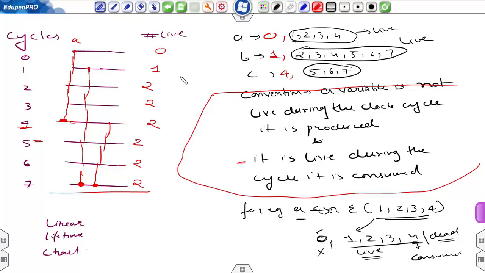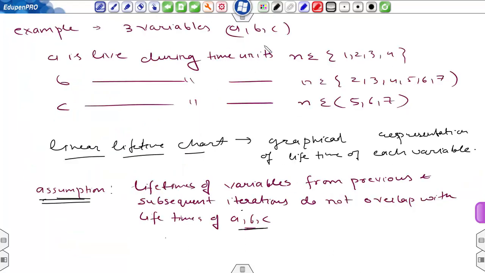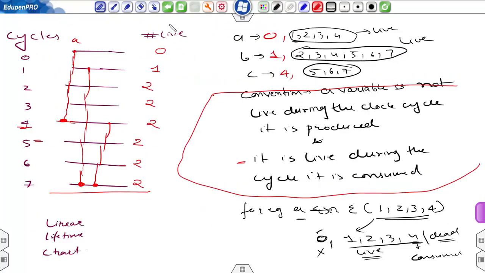So this DSP program with variable A, B and C can be implemented using two registers based on this analysis. So one thing we have ignored at this point is that DSP programs are periodic.